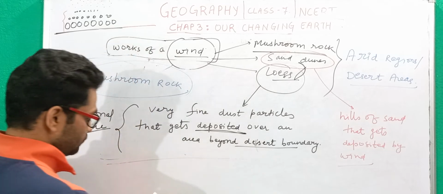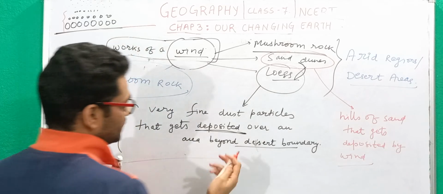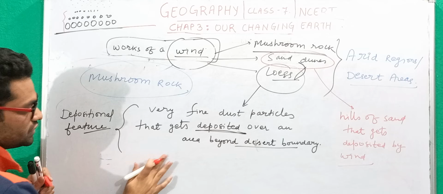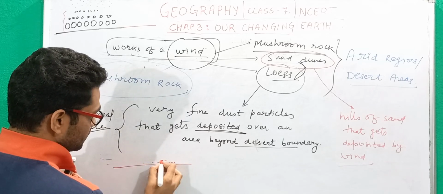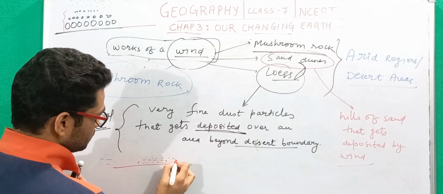And so you will find that an area which has some amount of vegetation has these fine particles deposited over it.